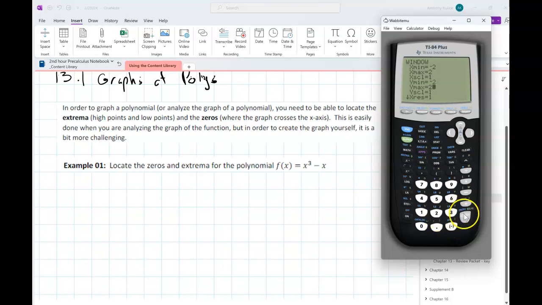So I press the window button, and I'm just going to update the x min and x max to -2 and +2, and the y min and y max to -2 and +2. And then I'll hit graph again. And now I have a nice looking picture, right?